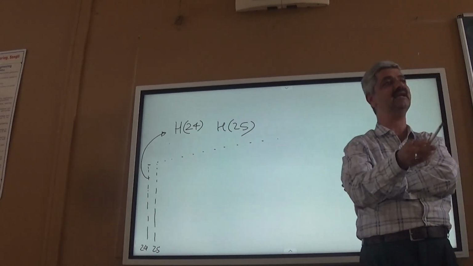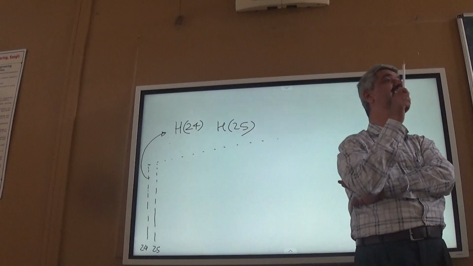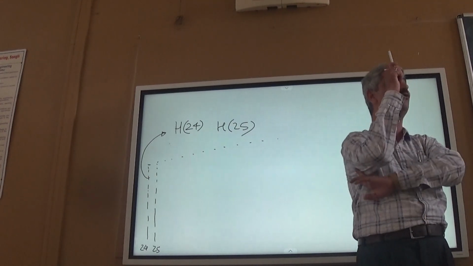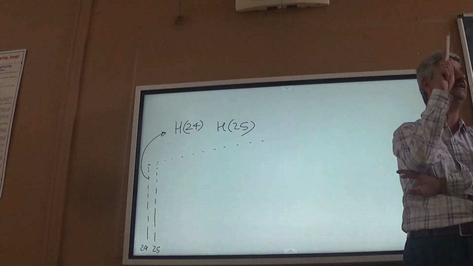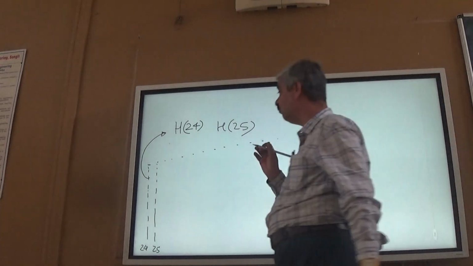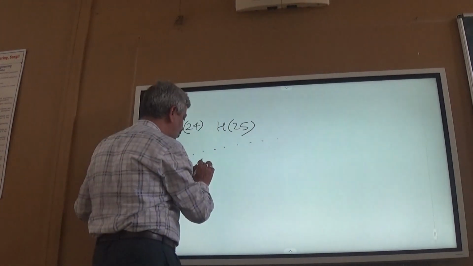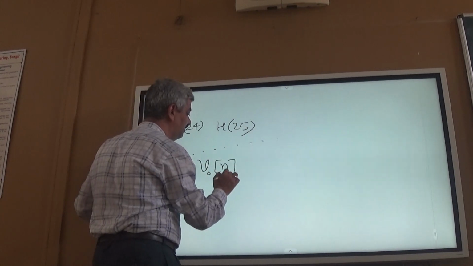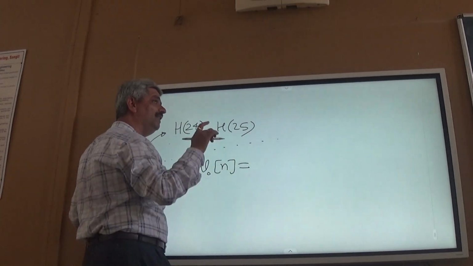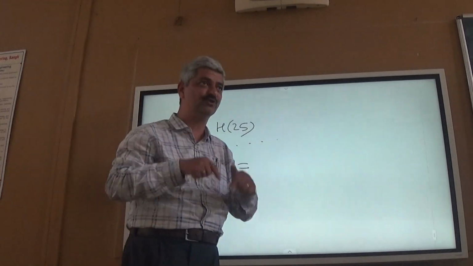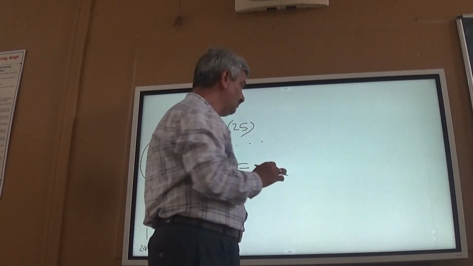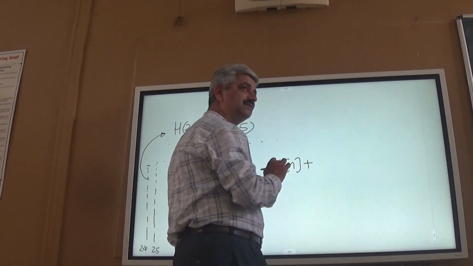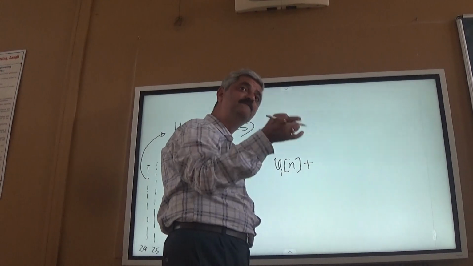Means what I can say, output is a linear combination of current and previous inputs, and for every previous input there is an associated weightage. Therefore, if current output is V o n, what can be said about V o n? V o n will be dependent on current input, what is that? V in n, plus is also dependent on previous input.